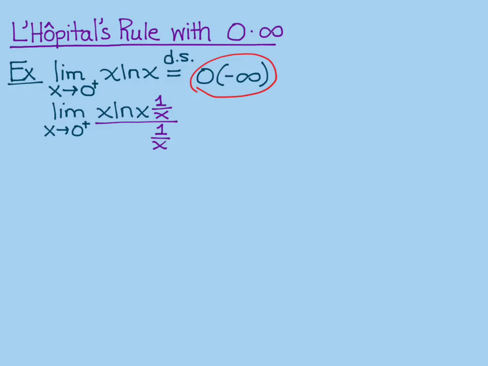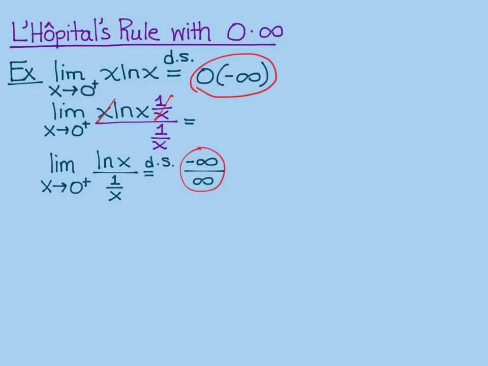So the trick that I'm going to do is multiply the top and the bottom by 1 over x. Notice that the 1 over x and the x cancel in the numerator, and I'm left with the limit as x goes to 0 from above of natural log of x over 1 over x. Now I can do direct substitution and I get negative infinity over infinity, which is one of the valid indeterminate forms to use L'Hopital's rule with.